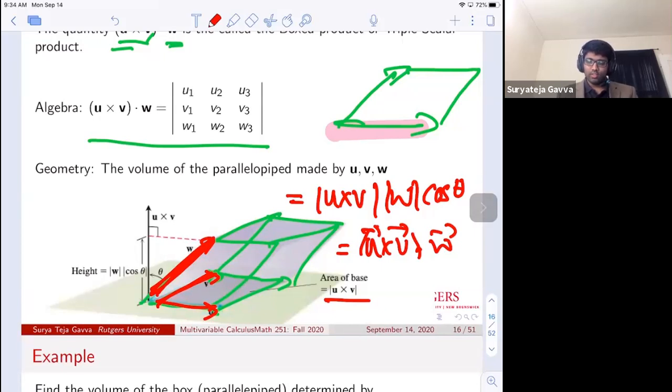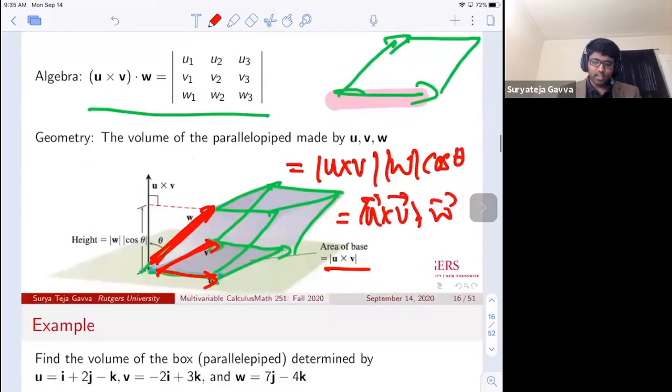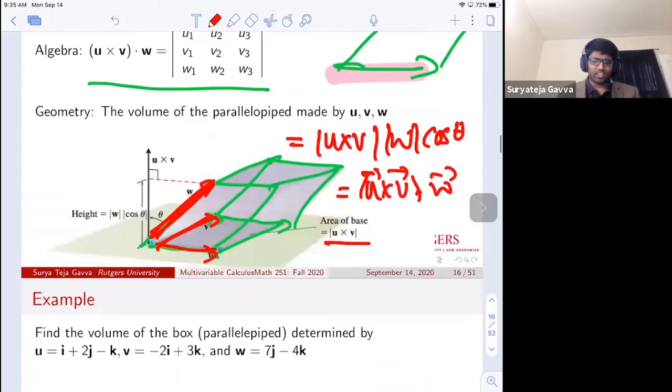So it's u cross v times w cos theta, which is the dot product of u cross v and w. That's why the expression u cross v dot w gives you the volume of the parallelepiped. Okay, any questions on this?